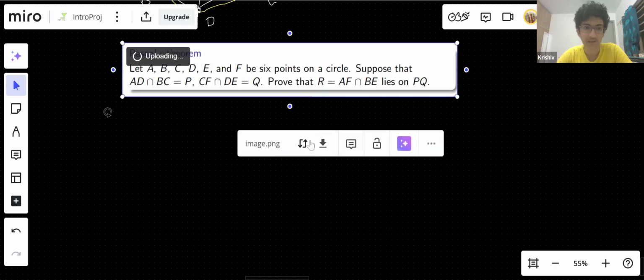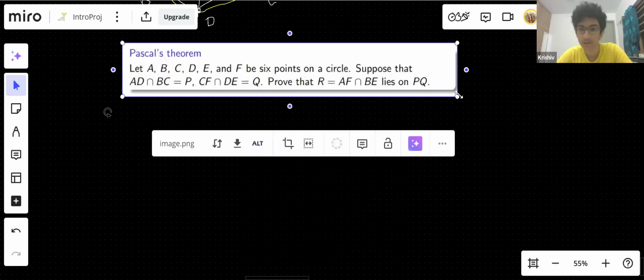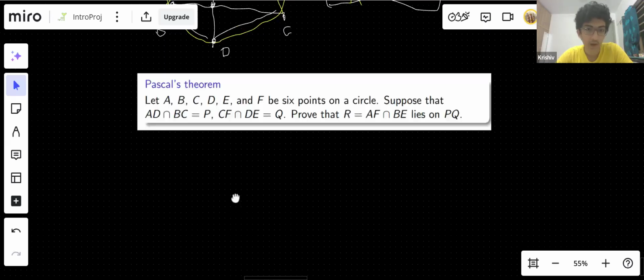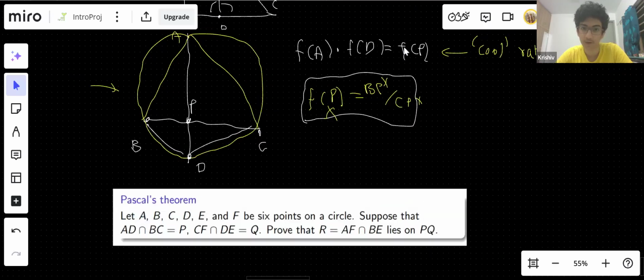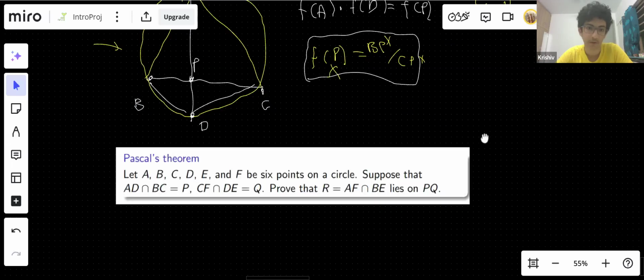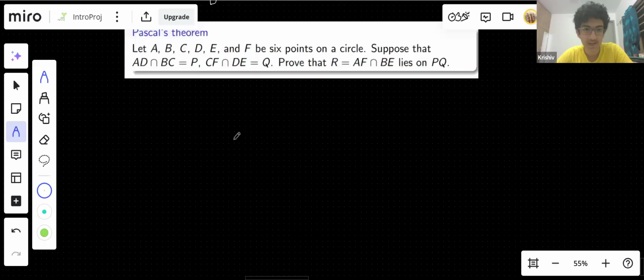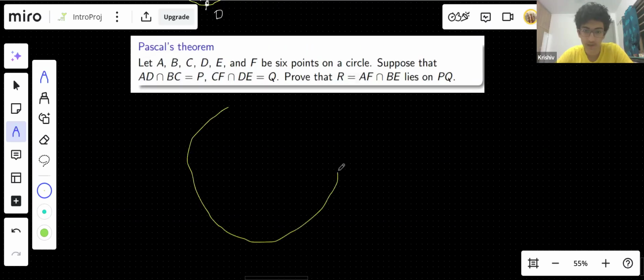Okay, so Pascal's theorem. You've probably heard of this before, but I want you to prove this using this f of a times f of d is equal to f of p ratio lemma. What it says is that A, B, C, D, E, F are 6 points on a circle. Let me name the points later.